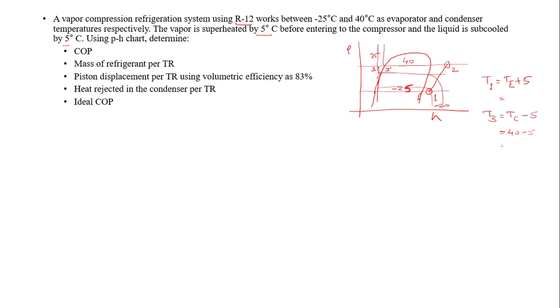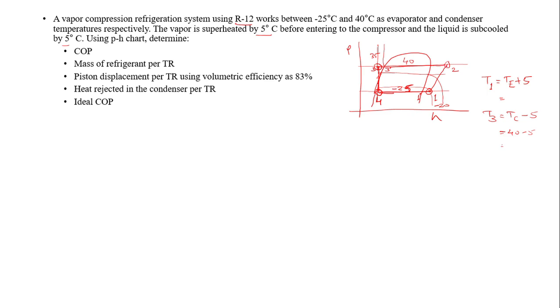So the condenser exit point will be point number 3 over here at 35 degrees Celsius, and then we'll follow the constant enthalpy line up to the evaporator pressure. I'll get point number 4. So this is how the entire cycle will complete.